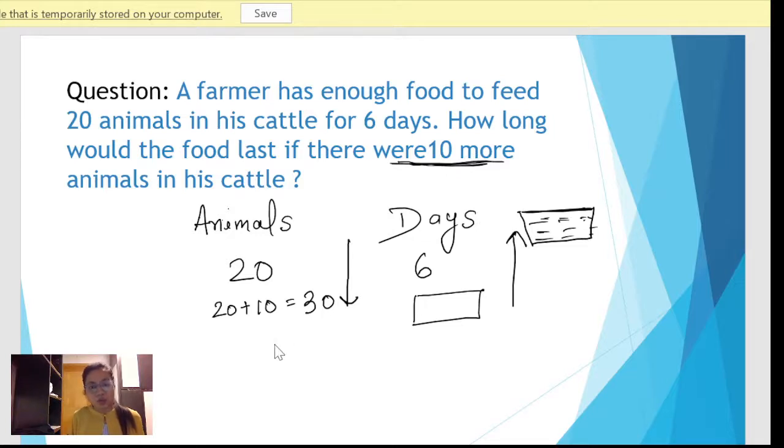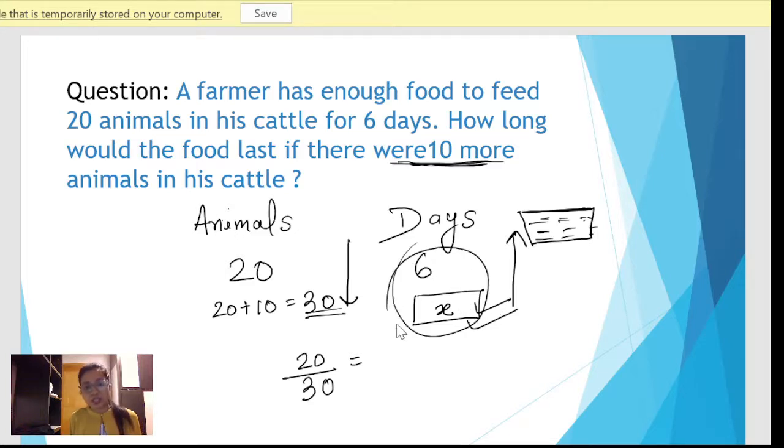Clear? Now how can we represent it in ratio form? In ratio form it will be 20 by 30 is equal to, what can we write? At first assume it as X. Let 30 animals finish the food in X days. So how can we represent this ratio? It's an inverse case, so we have to write the reciprocal.